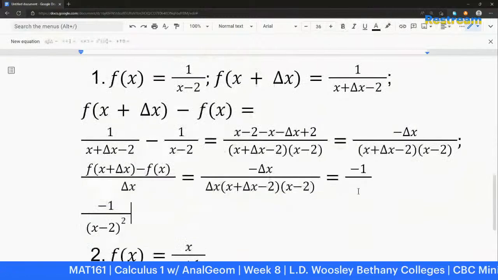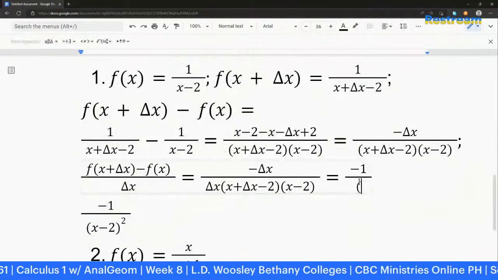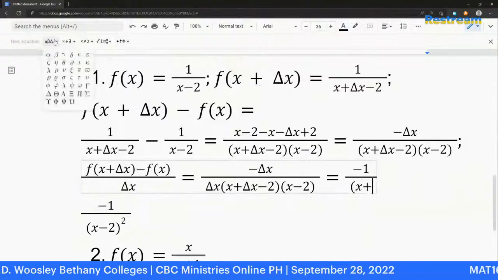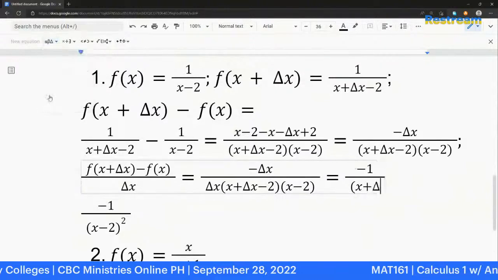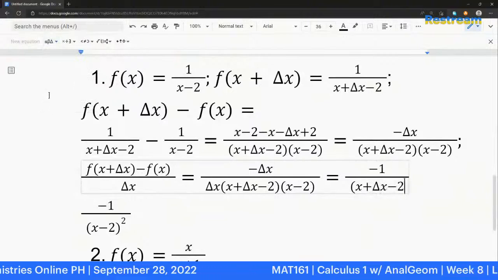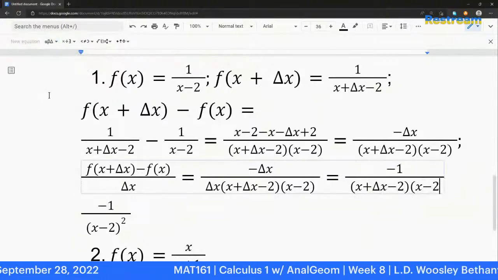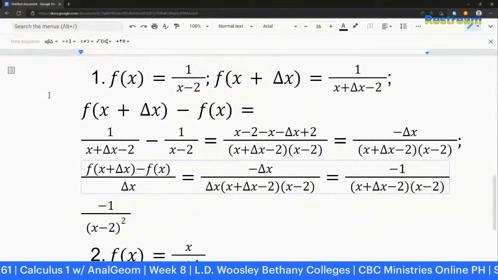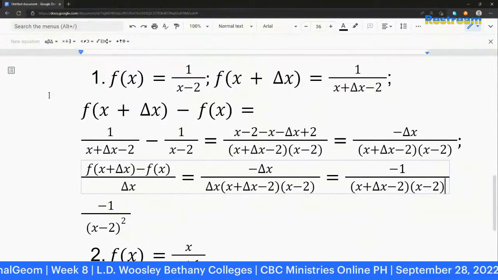So, tanggal yung delta x, di ba? So, x plus delta x times the quantity x minus 2. And limit as delta x approaches 0. Malinaw na ba?